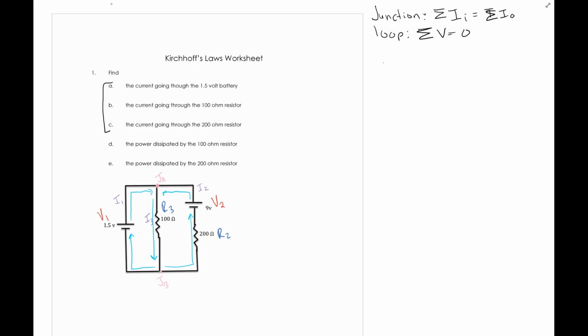So let's go ahead and do one loop going clockwise here, and one loop clockwise here. We're looking specifically at this shape for loop A, and this shape for loop B.